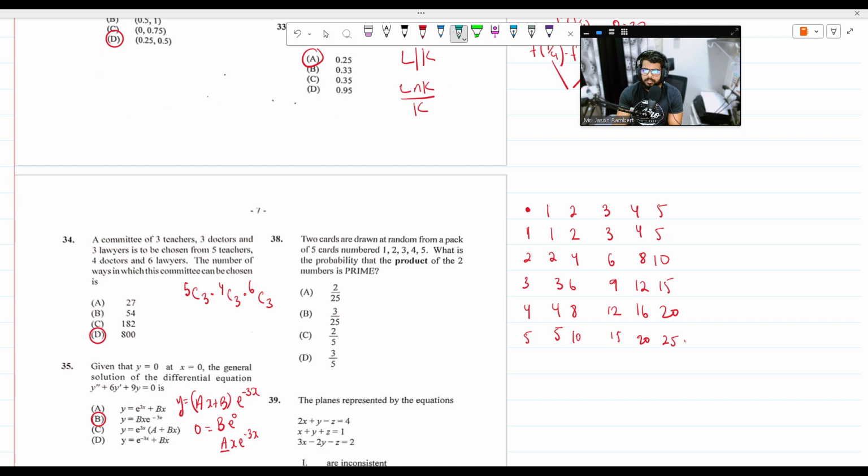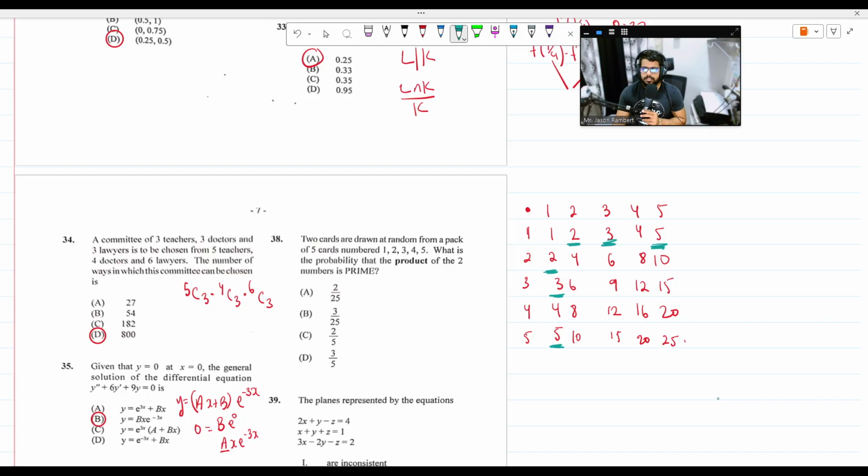Let me check and see which numbers are prime. Prime, prime, prime, prime, prime, prime. 1, 2, 3, 4, 5, 6 prime numbers, right? And we have 25. So 6 out of the 25.